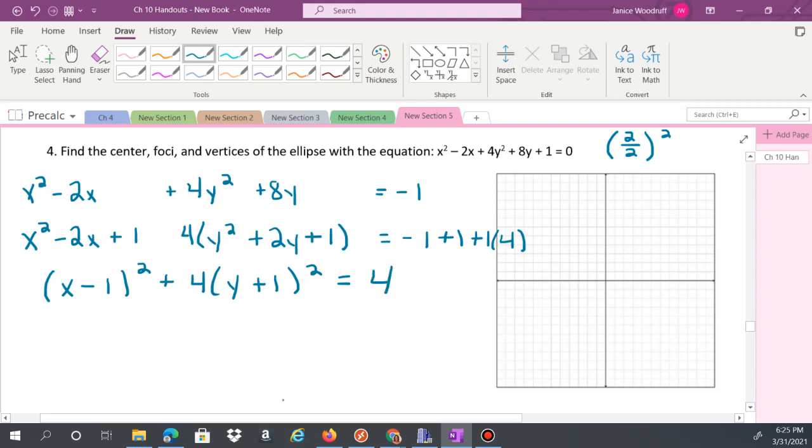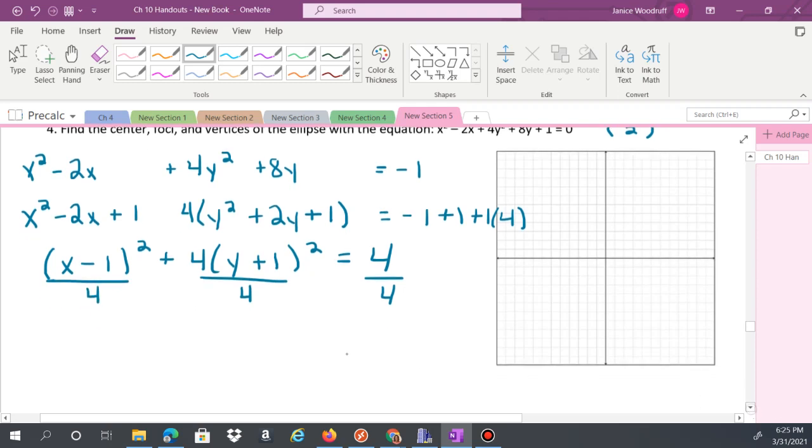Okay, then set it equal to 1. So divide by 4. So then we get the equation (x minus 1) squared over 4 plus (y plus 1) squared over 1 equals 1.